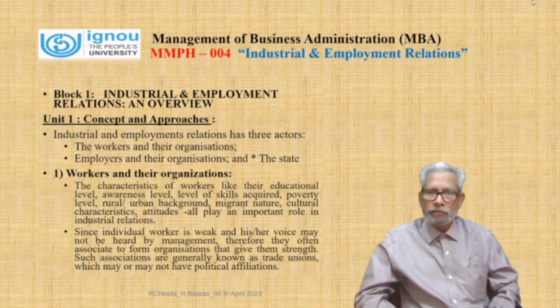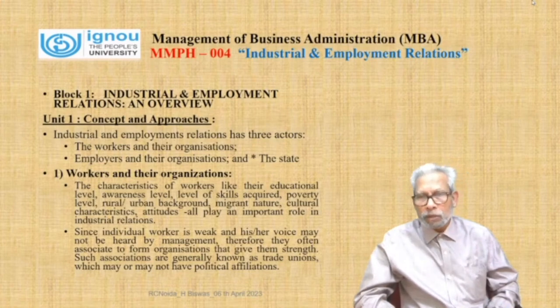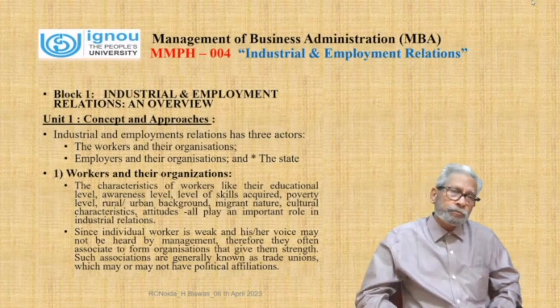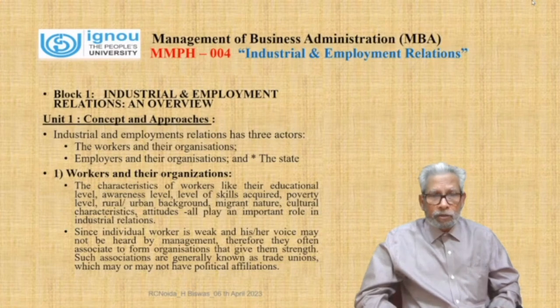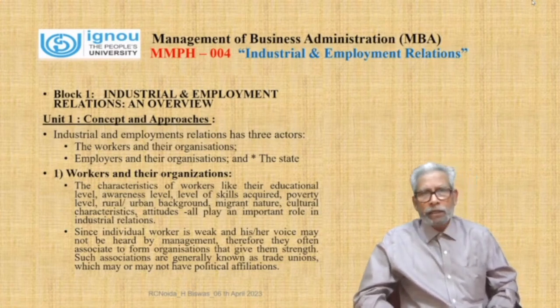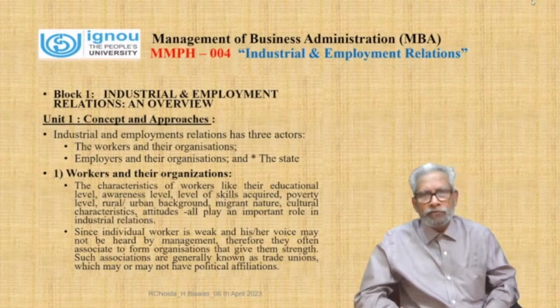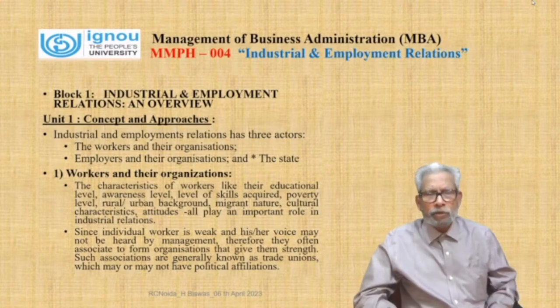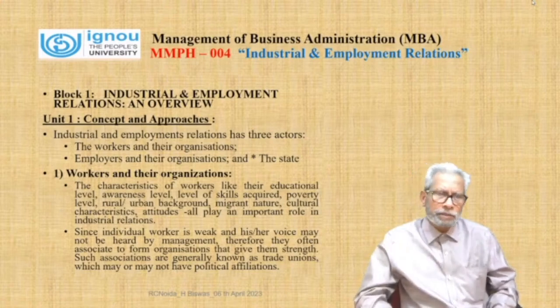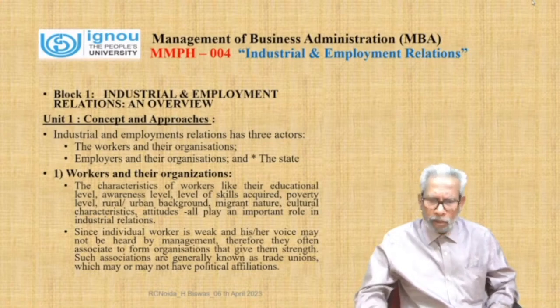Sometimes trade unions are affiliated with political parties; some are not, and stay neutral. A weak worker cannot directly pass his grievances to the management. They form a group, and the union leaders can put up all their proposals to the management on behalf of all employees.